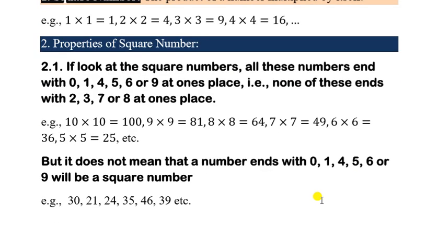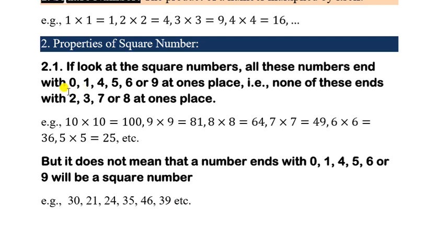What is the first property? First property is, look at the square numbers. All these numbers end with 0, 1, 4, 5, 6 or 9 at one's place digit. So remember this, for all the square numbers, the ones place digit will be 0, 1, 4, 5, 6 or 9.